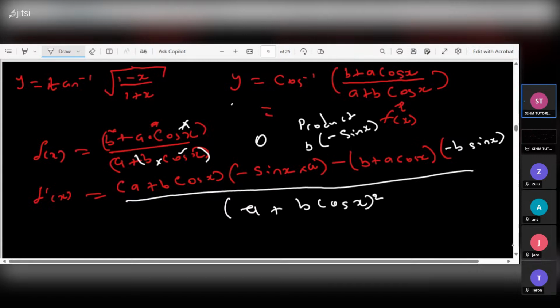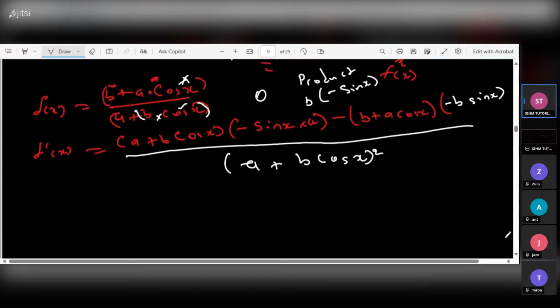From there, you need to simplify this. This is going to be the longest. It's going to be long, but not longer than the one that I was showing you. So you're going to say negative sine x times a, remember this is a. We say this multiplied by that.